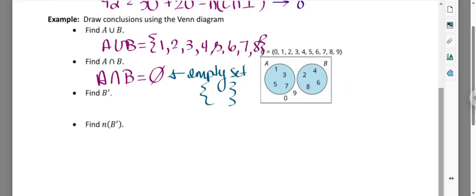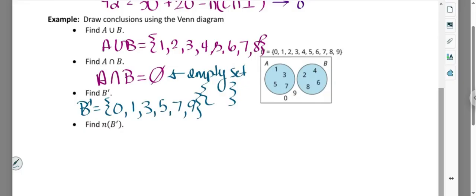Complements. So the complement of B would be any number that's not in set B. So that's going to be 0, 1, 3, 5, 7, and 9.